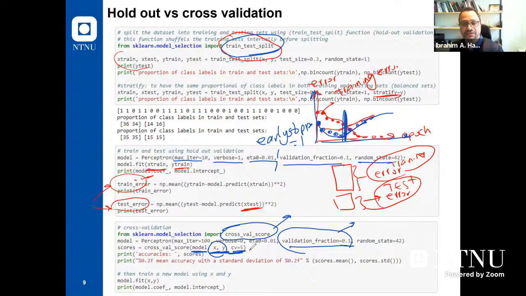CV equal 5 means K equal 5. And we have scores. If CV equal 5, we will get 5 prediction errors, one for each fold, right? So from this one, we will print it and get 5 values. And if you want to get the average, we can get the average accuracy from this one.